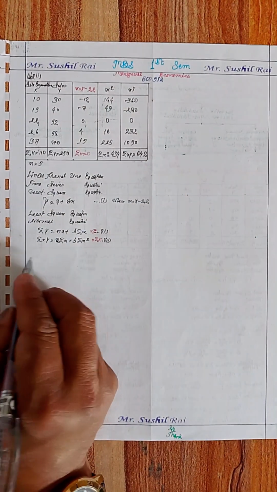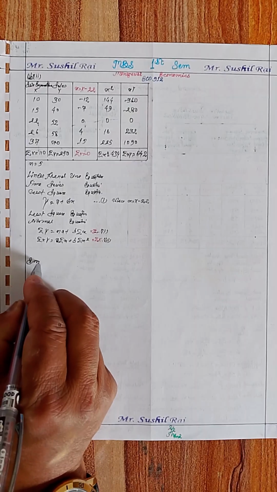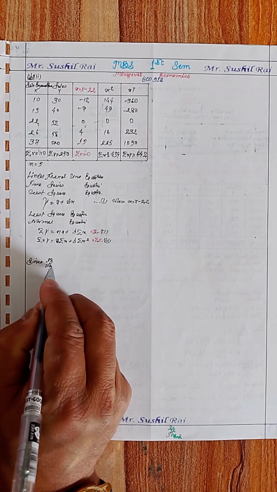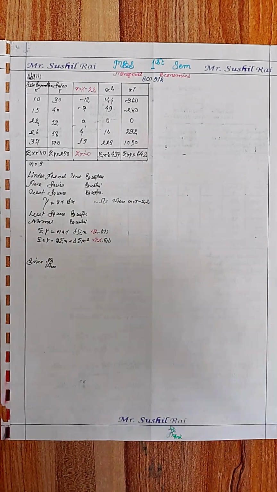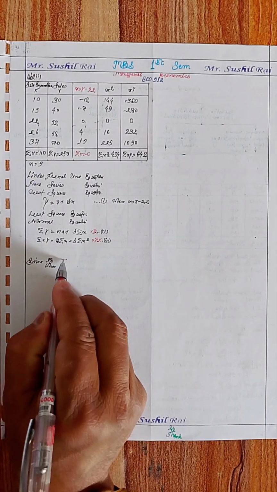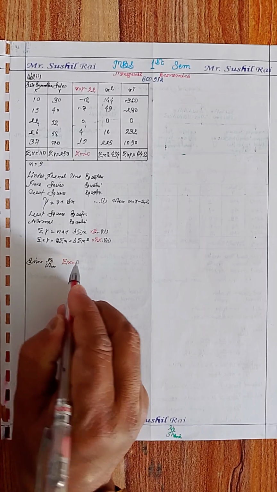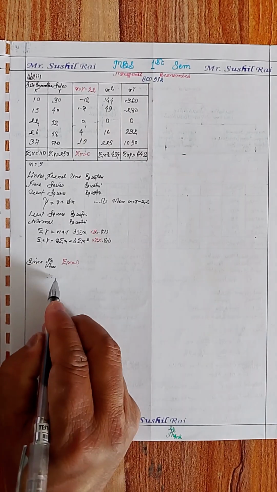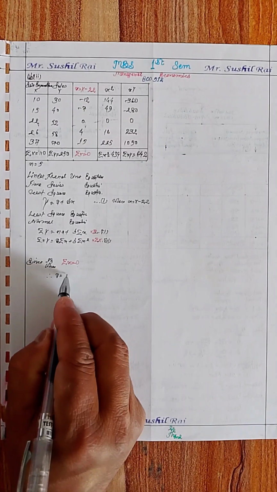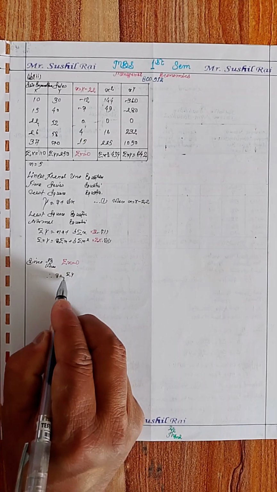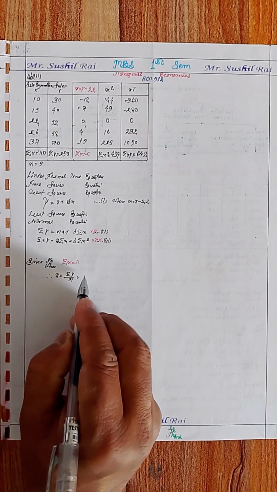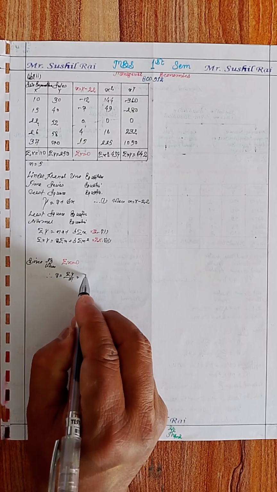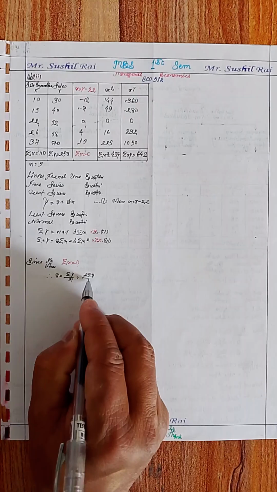Since, when summation x is equal to 0, a is equal to summation y by n, which is 250 by 5, equal to 50.